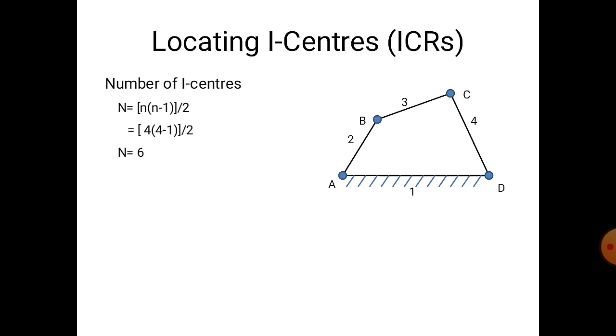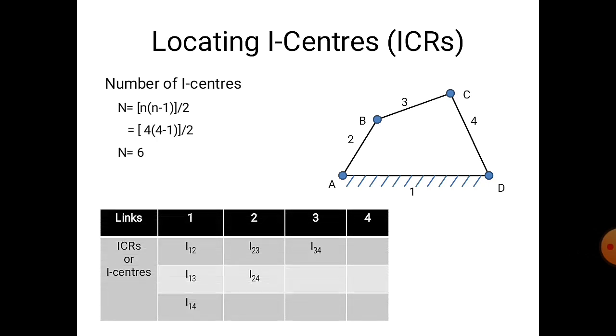So which are these 6 instant centers? For that we are going to prepare a table and write these 6 instant centers in it. In this table, the column of link 1 indicates the ICRs related to link 1. So these are I12, I13 and I14.